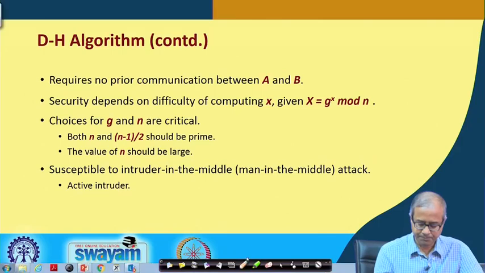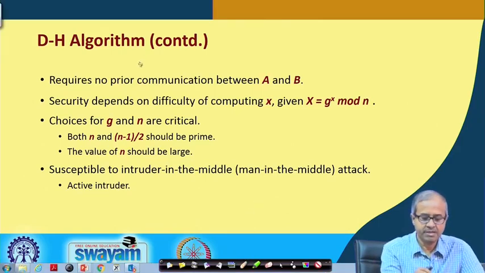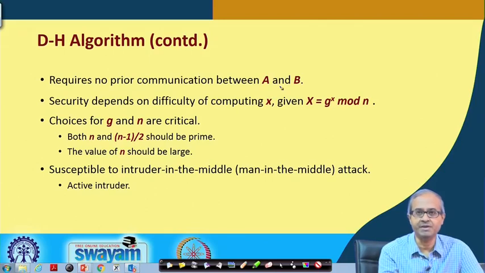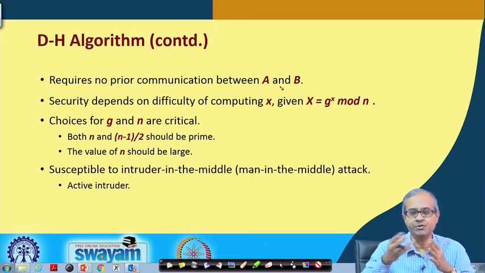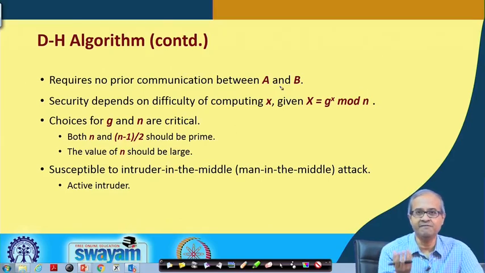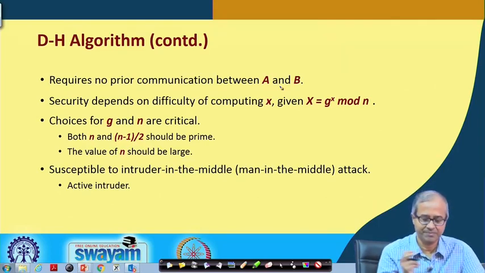So, this method is interesting, good in the sense that there is no prior communication required between A and B. They do not need any public key like in RSA to be known by the other party. From scratch you are starting a communication, and only the values of g and n have to be sent at the beginning, and after that they can agree on the common shared key.